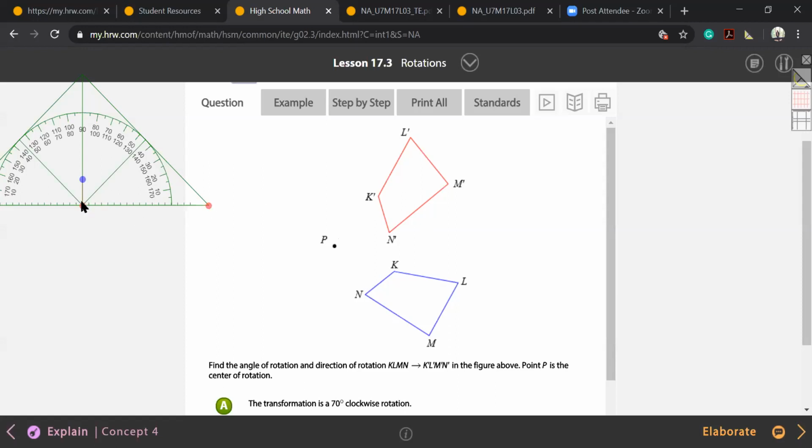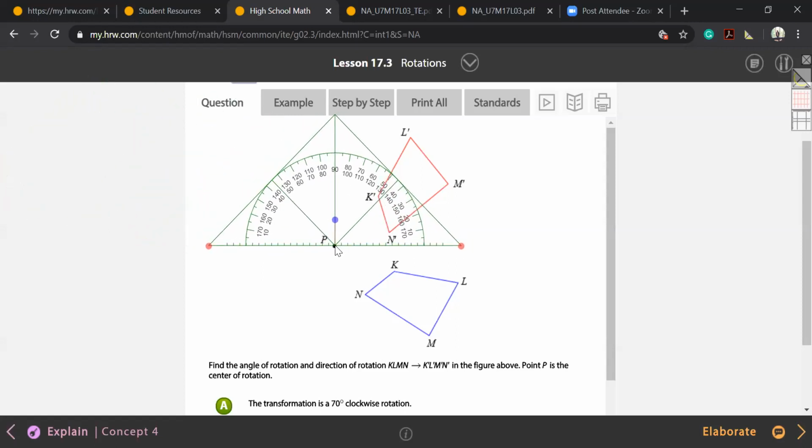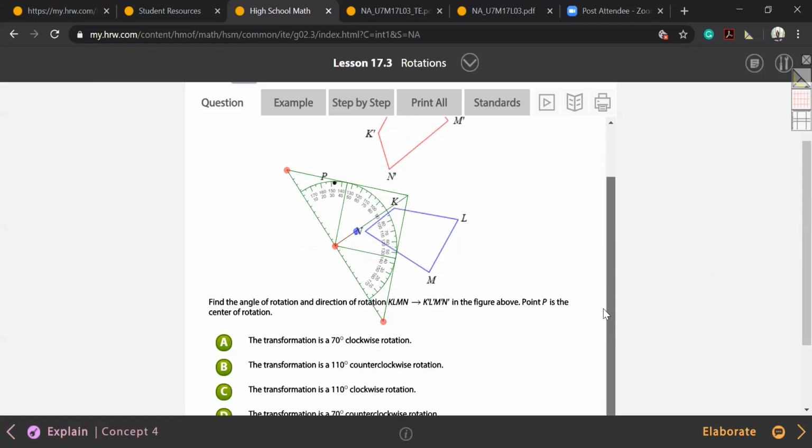I will put the center on the center, and then the line on the line. I'm talking about N, so it will be placed in here. And then I will see where N is. It will be nearly about 60 something or 70 degrees. So it should be 70 degrees counterclockwise.